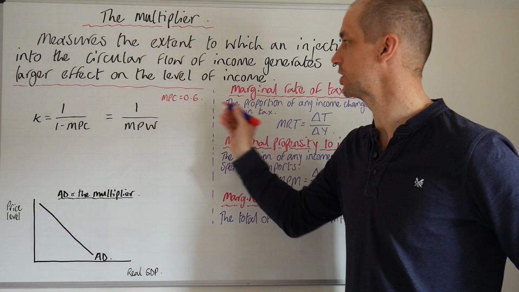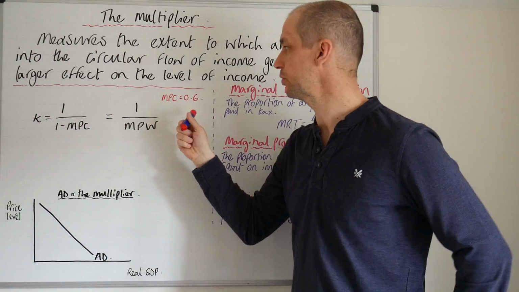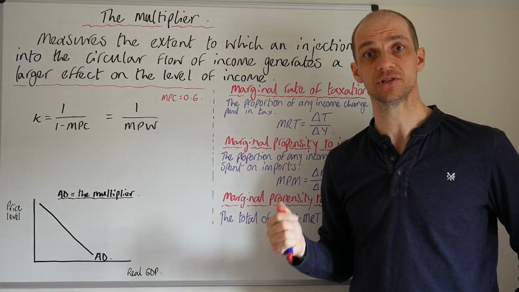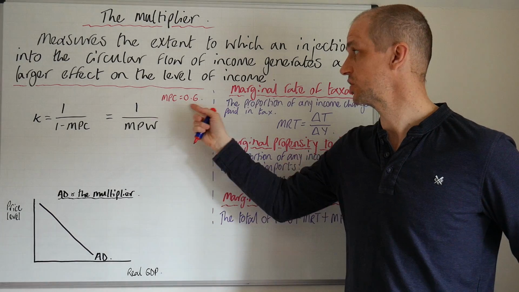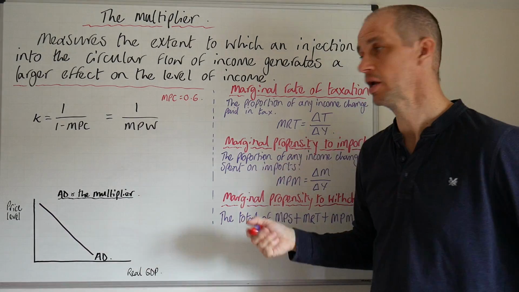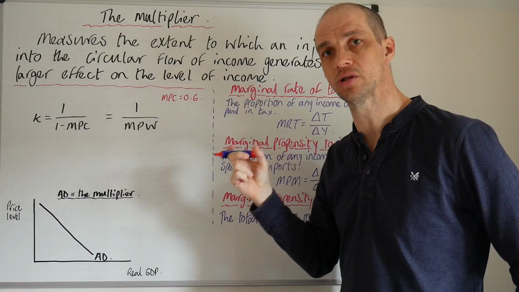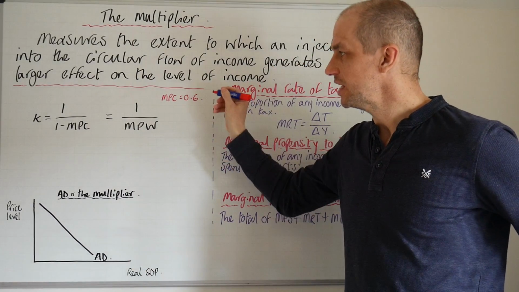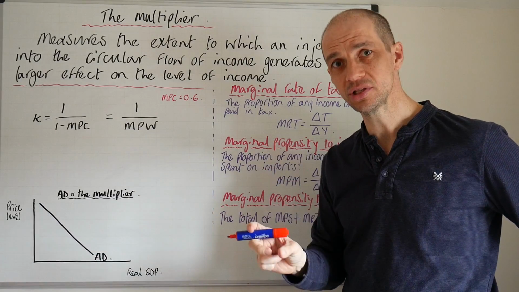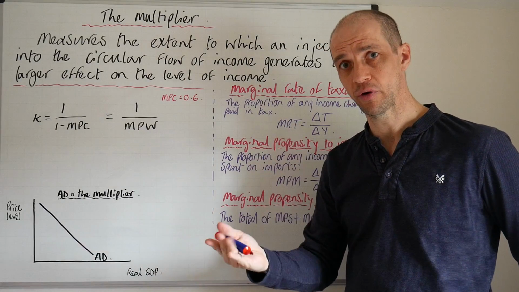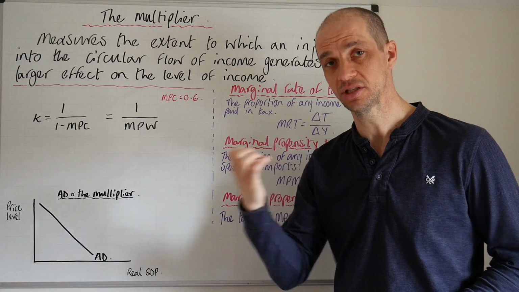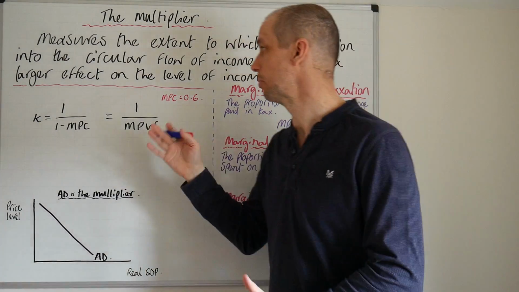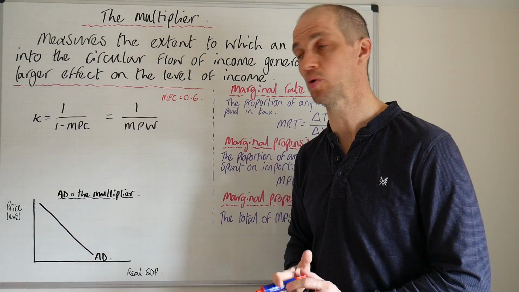Okay, so let's take a little example. I've put down here that we've got a marginal propensity to consume of 0.6. Now, this is the sort of question that you might face in an exam. They tend to use closed economy examples with a financial sector, so there tends to be some savings taking place within the model that's often used in multiple choice questions.